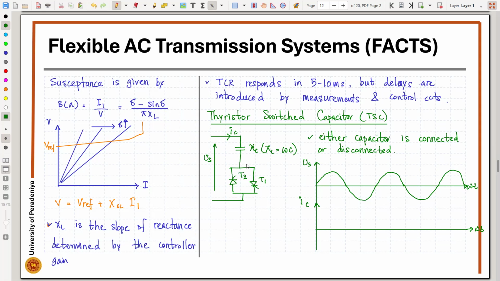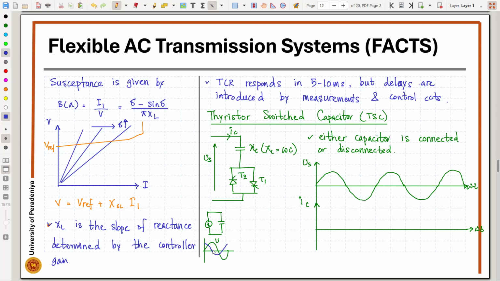So we need to minimize the current flow. And also we have to remember that when we consider the voltage and current through the capacitor, if we have a capacitor connected like this, then we know that if the voltage is like this, then the current will be like this.